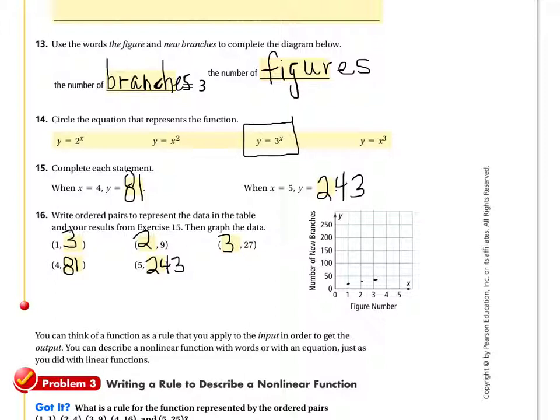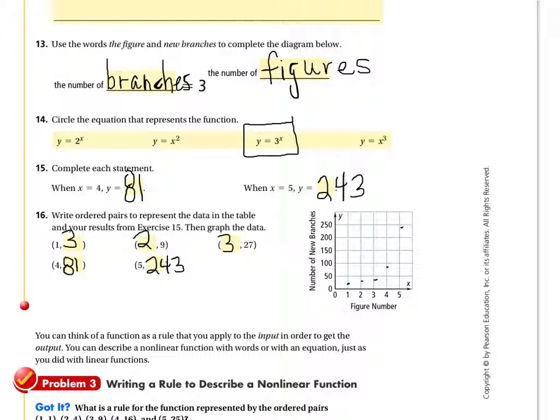Our fourth spot, 4, 81, means we're going to count from the origin over 4 and up to 81, which will be just under 100. And then our fifth point, 5, 243, we'll count over 5 and up to 243, so that will be just under the 250 mark.